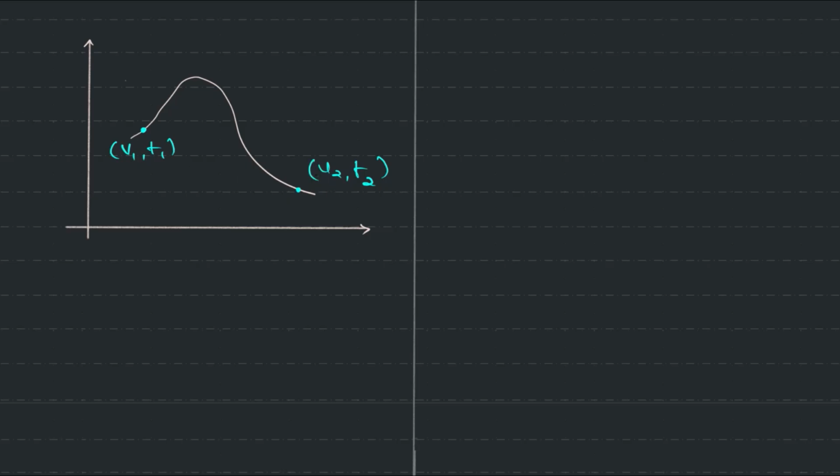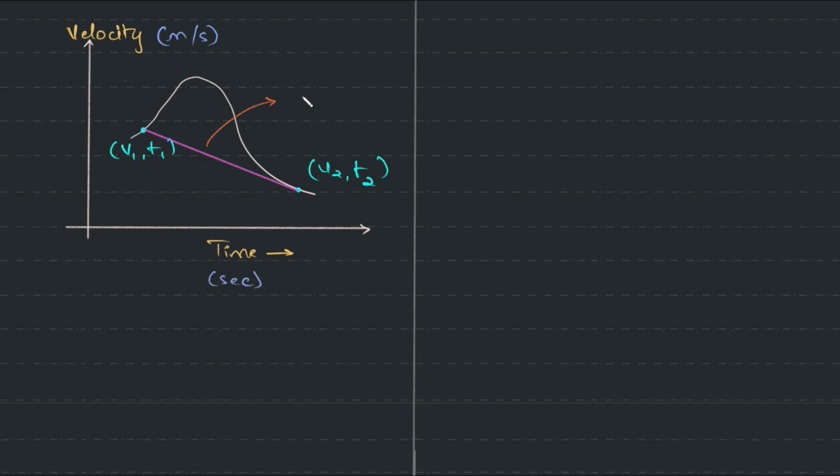Now the average acceleration is just taking this and finding the slope. So this is the velocity time graph. This is in meter per second, for example, and this is in second.